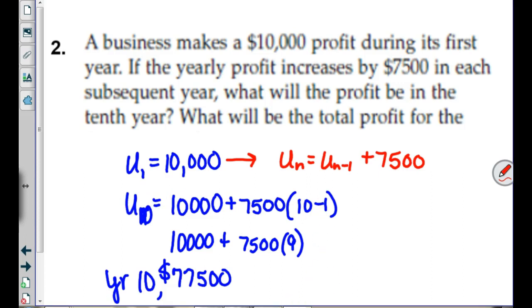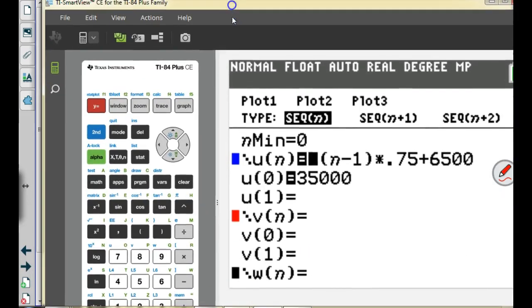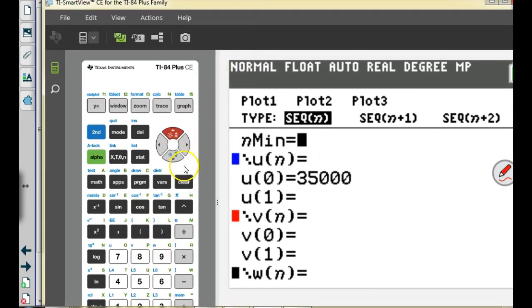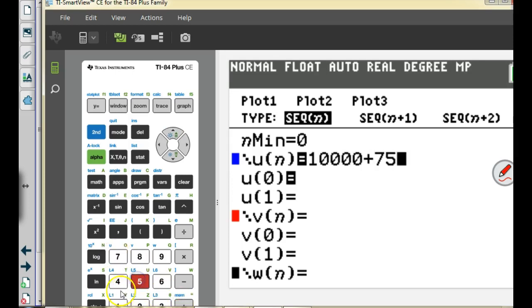Let me just show you how you could have typed that in, okay? Explicit, remember? You actually don't need a term number when you're doing explicit, or you don't need a starting value. We just put in, was it 10,000, guys? Plus 7,500.